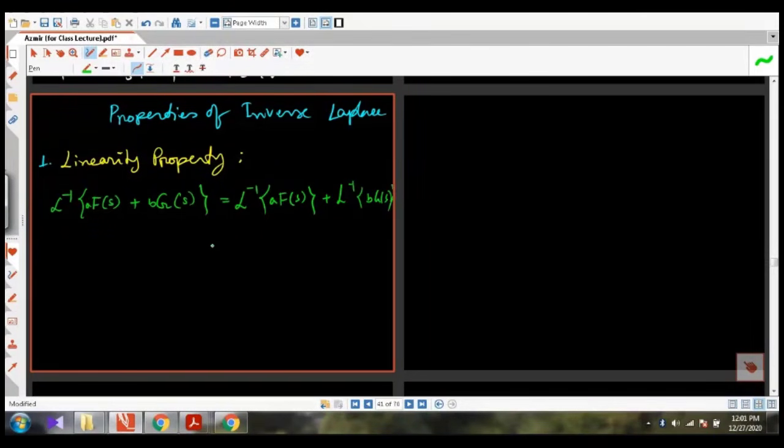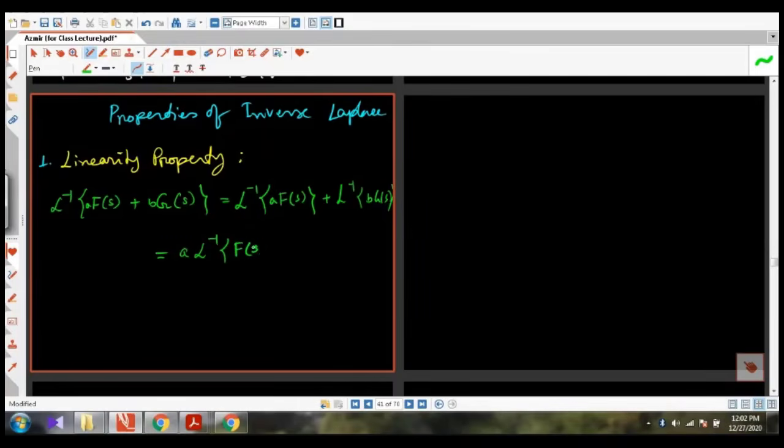We can separate the summation terms or subtraction terms; maybe we may have negative also. Since a and b are constants, we can also write a and b before the inverse Laplace operator.